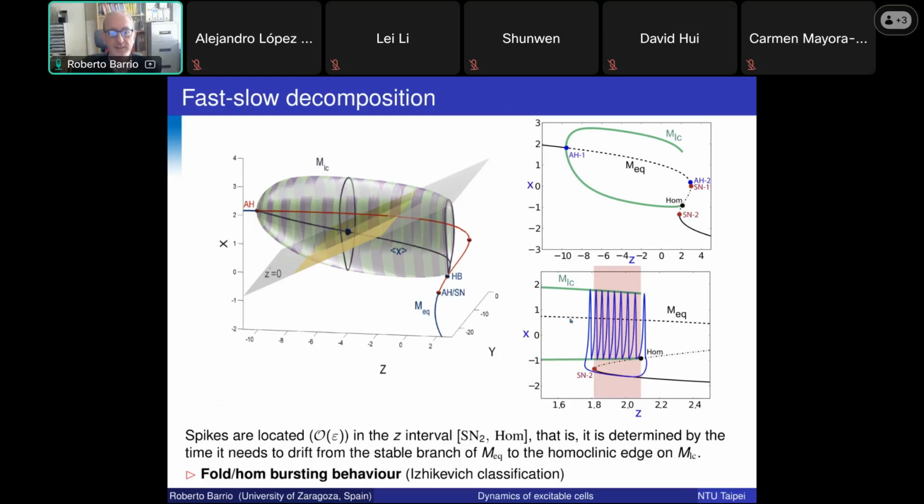Using the theory of Fenichel, the orbit follows more or less the critical manifolds of this system. So we have the slow movement following the slow manifold.